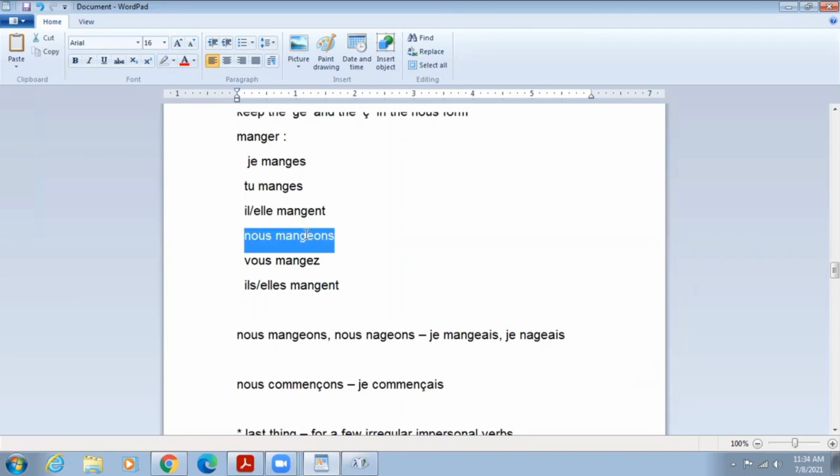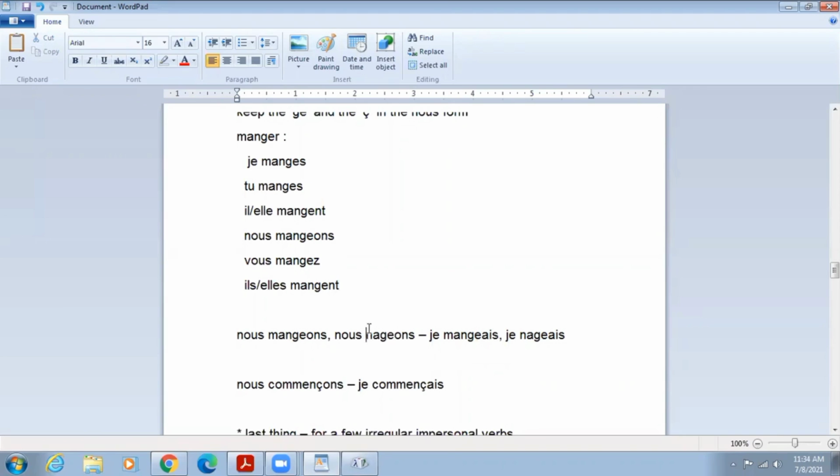We have taken mangeons. We will drop out ONS only and keep it till E, and after that, we will add our imperfect ending. Like here in mangeons, we dropped out ONS, took it till E and added our ending. So, je mangeais.